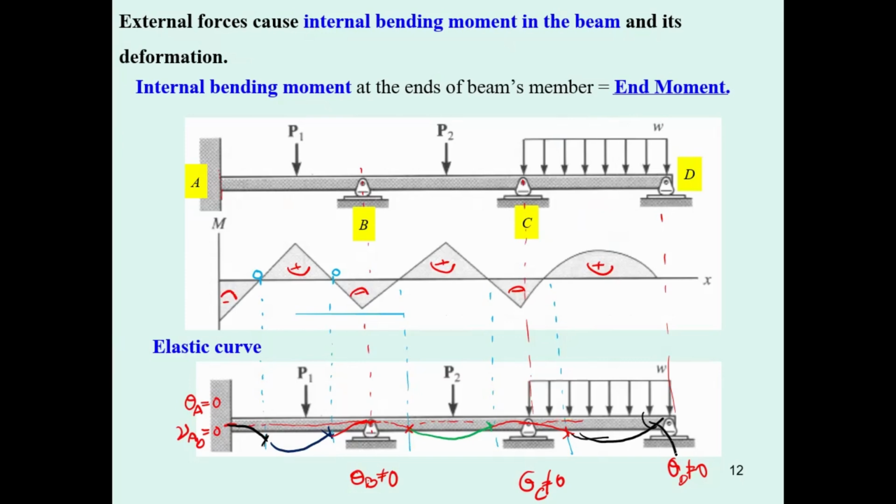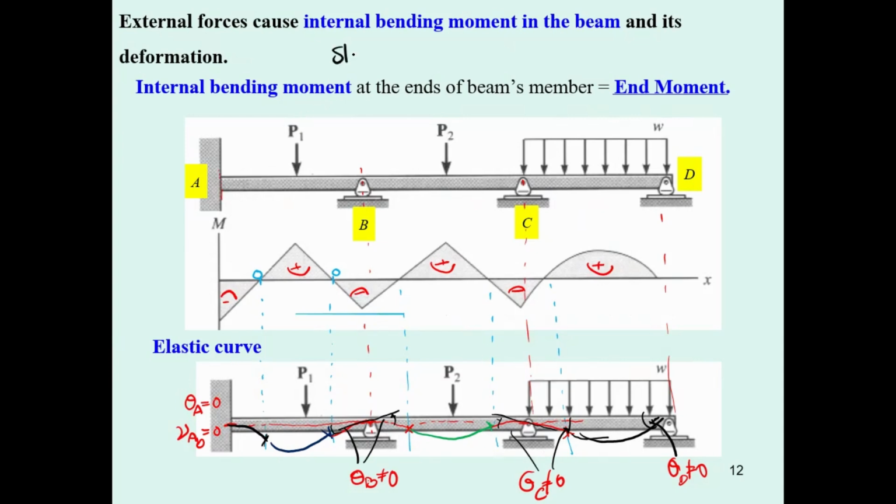And this is going to be your theta sub D, this is going to be your theta sub C, and this is going to be your theta sub B. We have a total of 3 degrees of freedom.